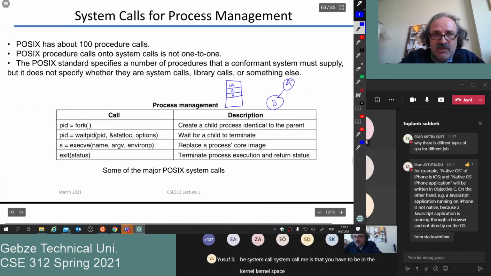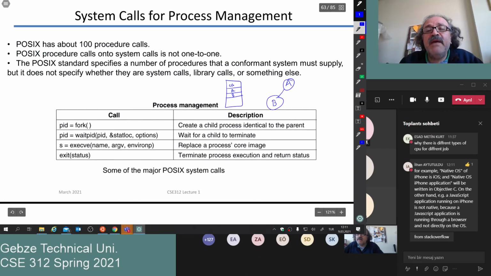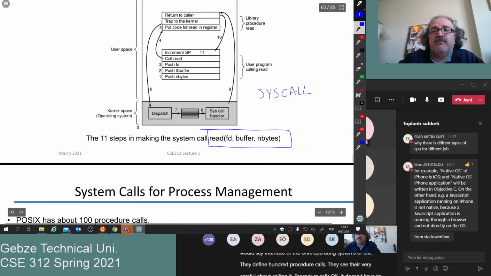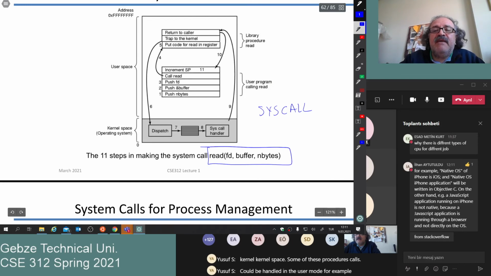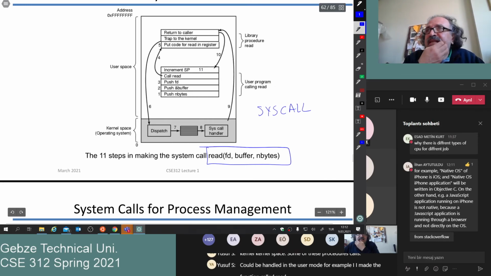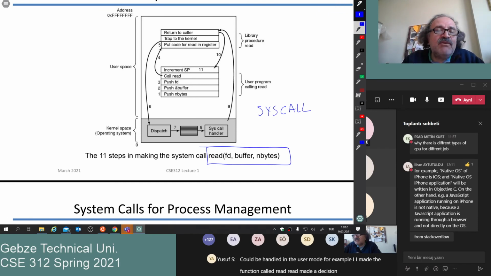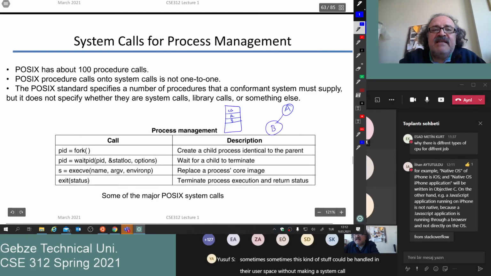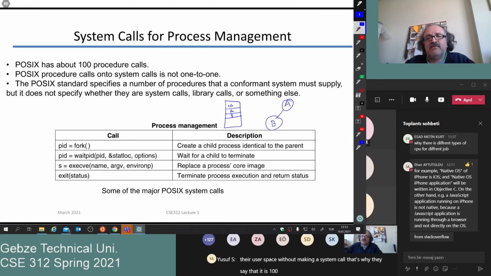Some of these procedure calls could be handled in the user mode. For example, I made the function call read. Read made a decision that it needs to make a system call, but it doesn't have to. Sometimes this kind of thing could be handled in the user space without making a system call. That's why they say it is 100 procedure calls.